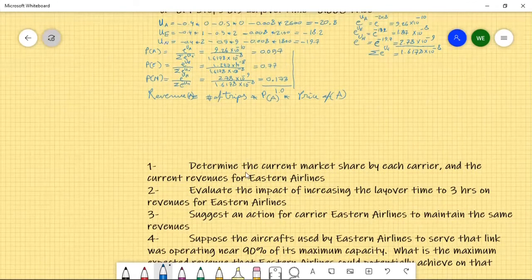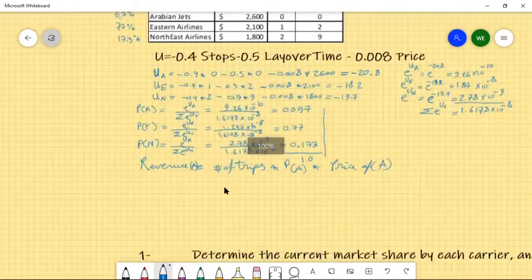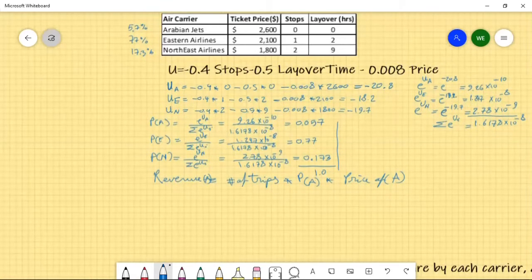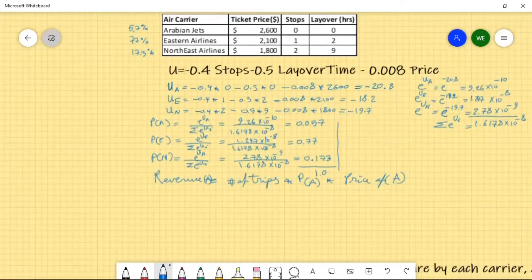So let's go back here. So what is the proportion? Let's go for revenue of A equal the total demand for that segment. I think it was 1,450 passengers per week.